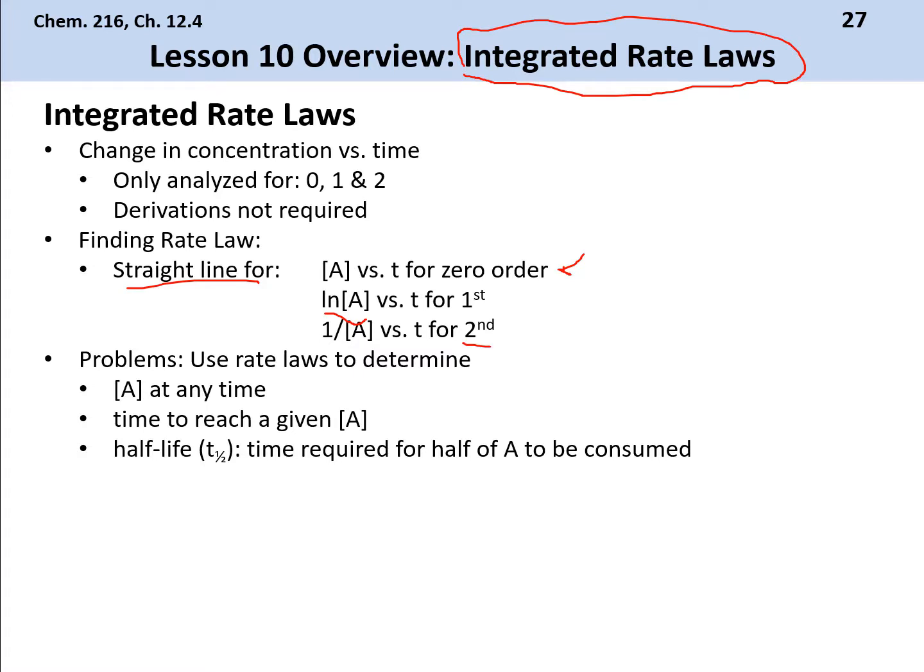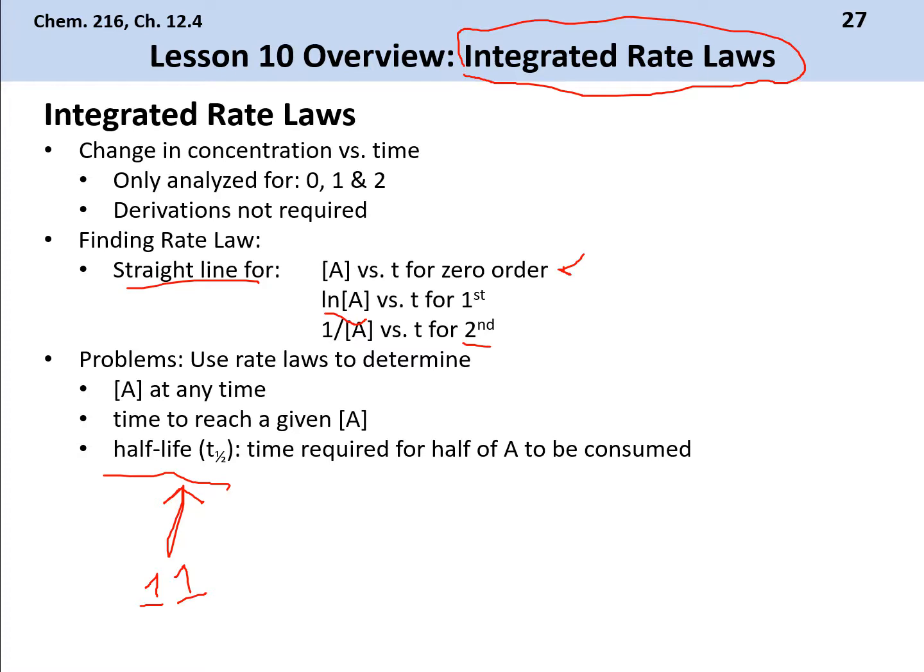Then we can use these rate laws to determine concentration at any time, time to reach a given A, which is what we just did, and then half-life. This is something we'll do in lesson number 11. All right, so that is it for lesson 10.